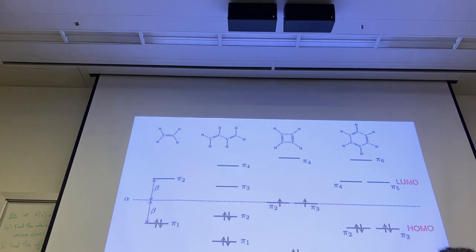The pi to pi star transitions are the transitions that give organic colorful molecules in the visible range their color. Okay? So if you are in the business of designing colorful molecules, this is the kind of stuff you should be thinking about. To design molecules with particular gaps between the HOMO and LUMO in terms of energy. That's what defines its color.